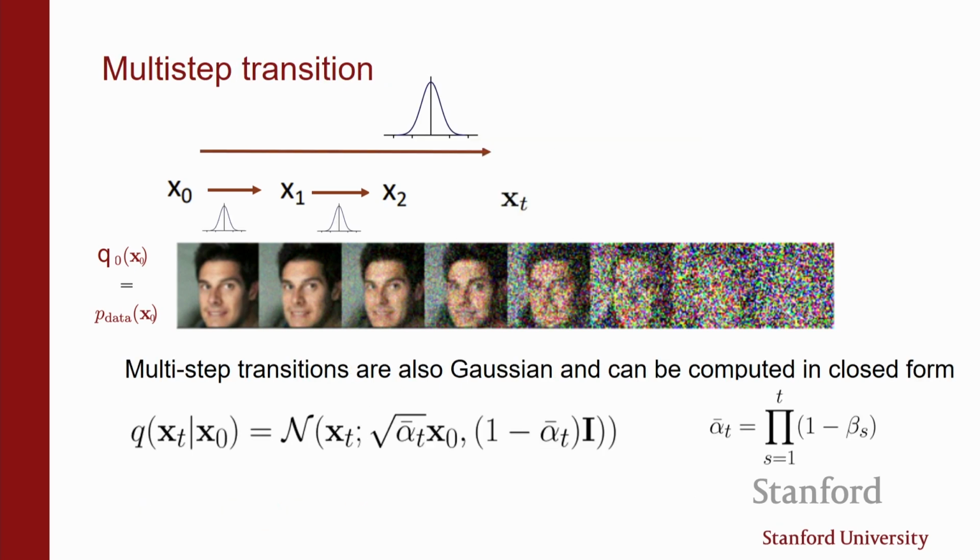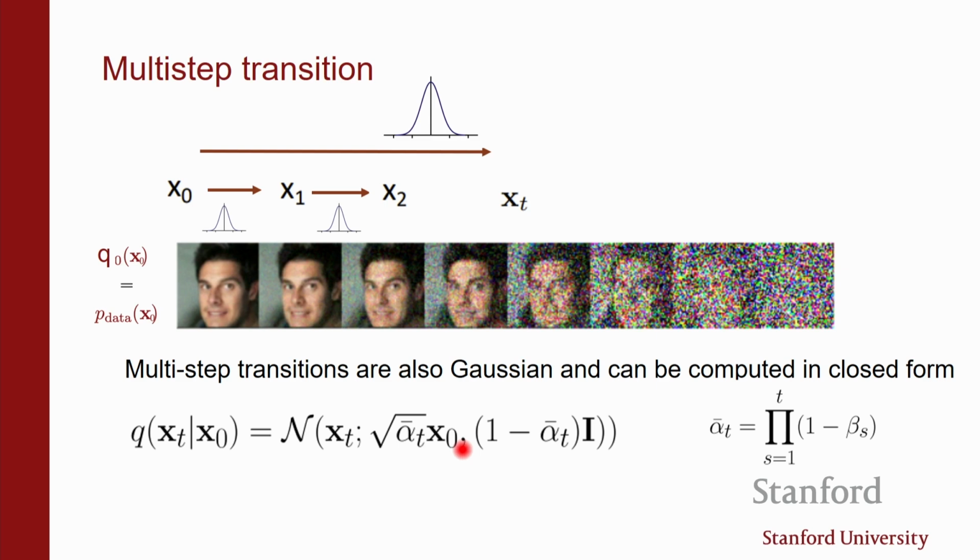And it turns out that adding Gaussian noise is pretty convenient because everything is Gaussian, so the marginals of this distribution are also Gaussian. So if you want to compute the probability of observing a certain noisy view of a data point x0 after t steps, that's another Gaussian, where the parameters of that Gaussian depend on these beta coefficients that we had before.